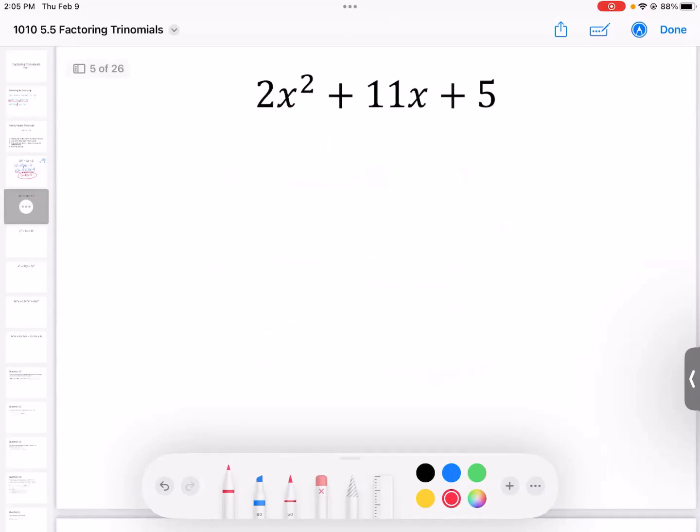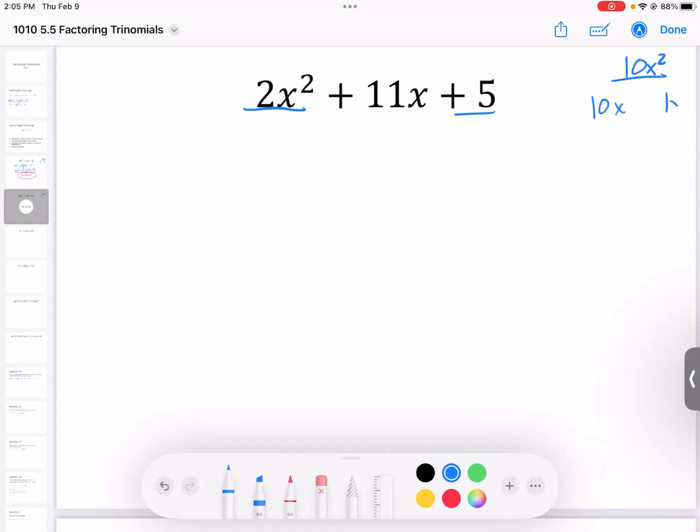So on this one, we're going to take the first and last terms and multiply them together, which gives us 10x squared. And I want to find two things that multiply to 10x squared and add to 11x. So what would those two things be? Yep, 10 and 1 would be the numbers.